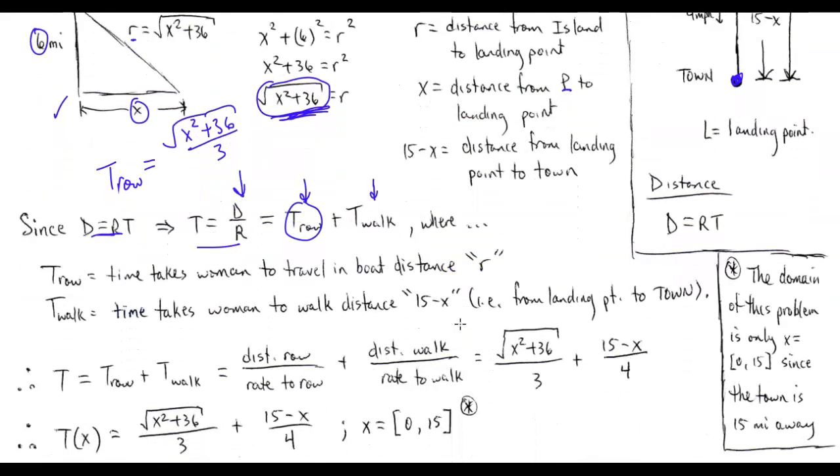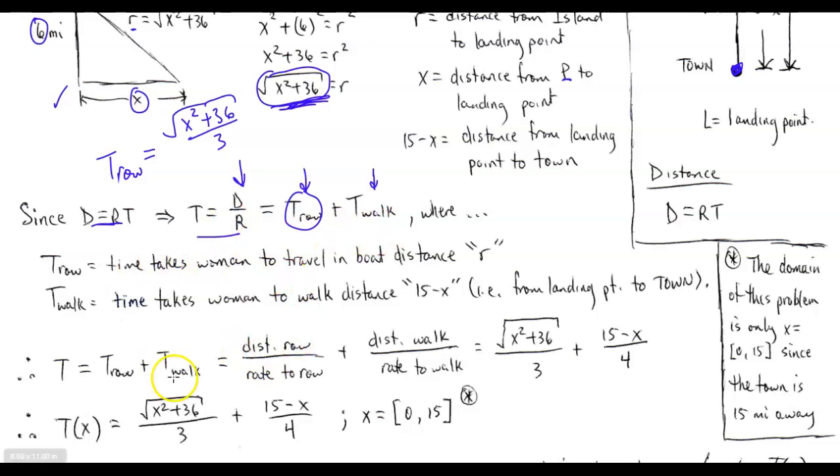And so now you see that if we take all that into consideration, this is the time you row. This is the time for walking in terms of distance divided by rate.